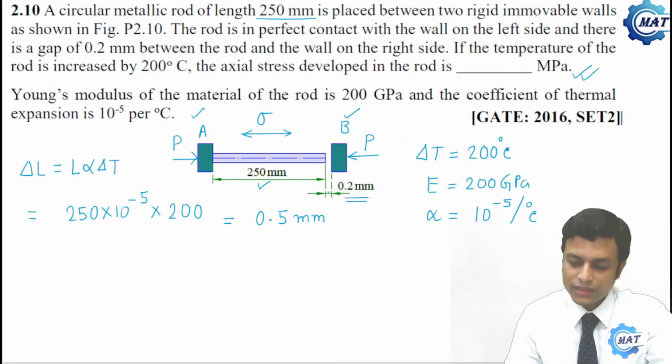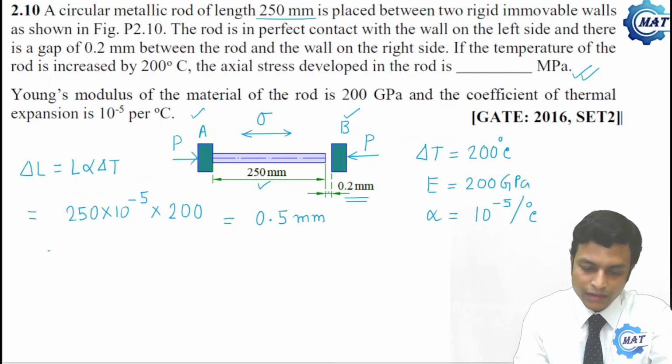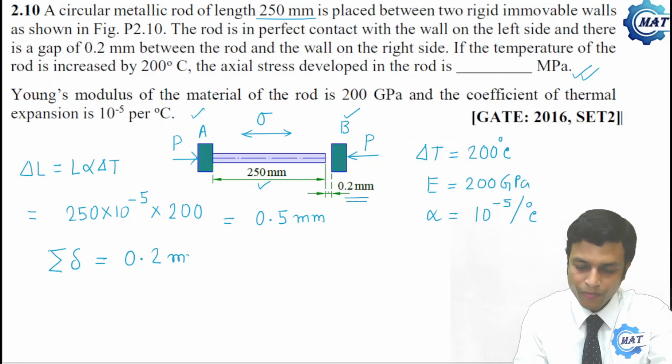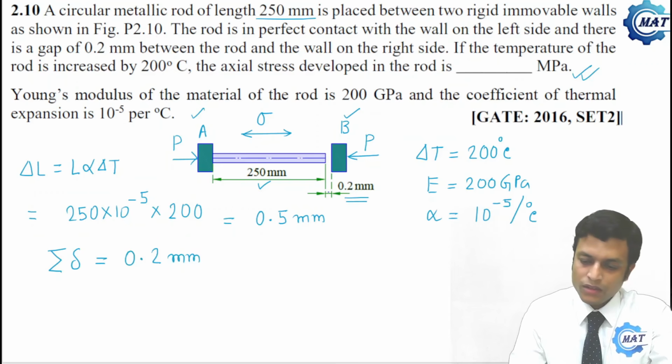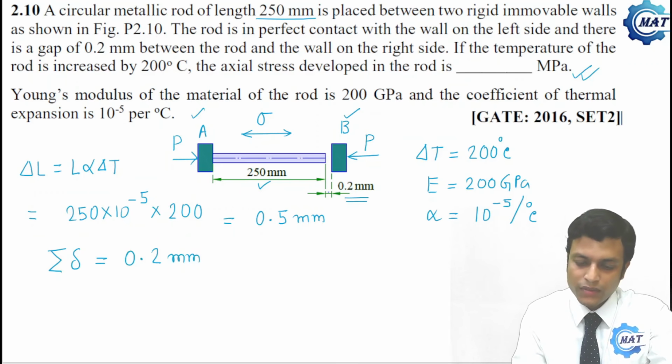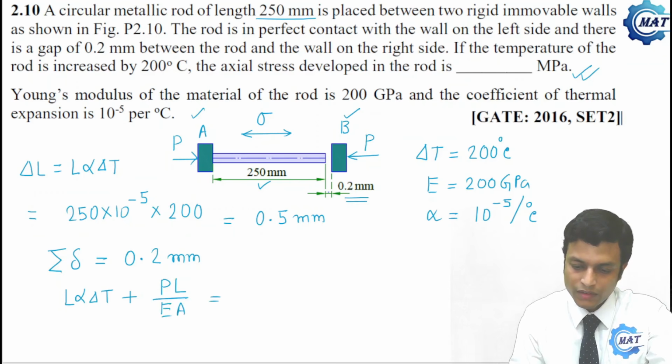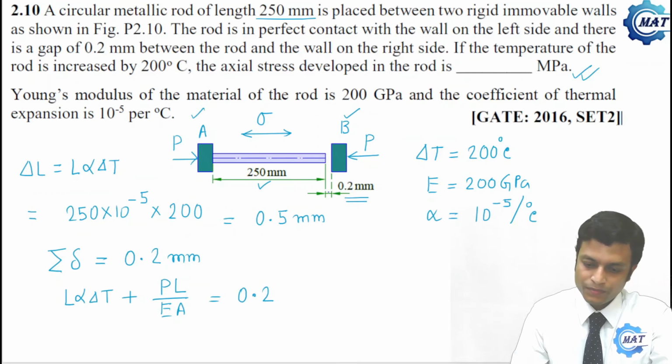So what will be the stress? We have to apply the boundary condition, that is here, the net elongation delta is nothing but 0.2 mm. So what is the elongation due to thermal expansion? That is L alpha delta T, and deformation due to force P is PL by EA, that is equal to 0.2 mm.